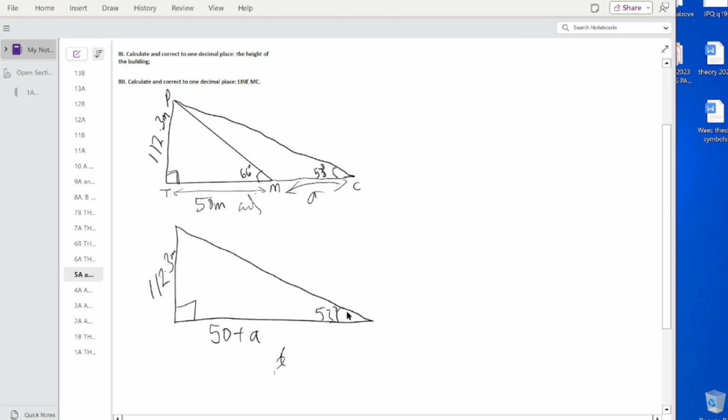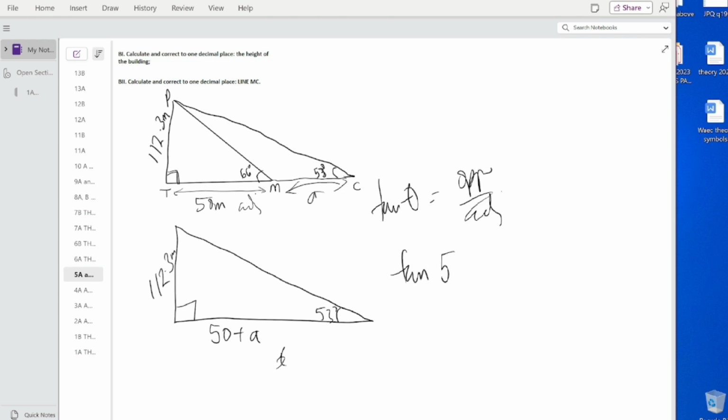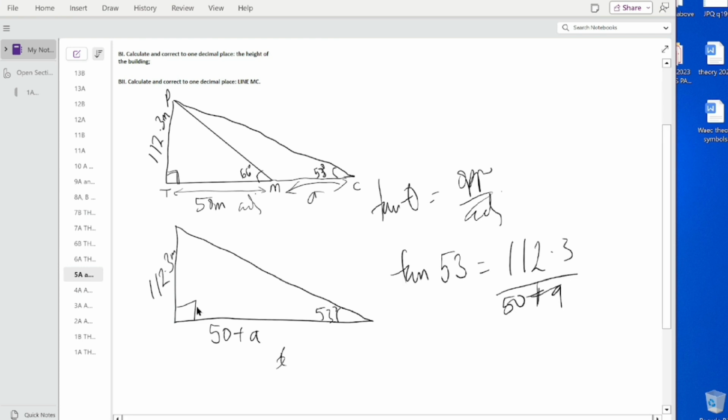We have our opposite and we're looking for our adjacent, which says tan theta is the best fit in our SOHCAHTOA, opposite over adjacent. So we have tan 53 degrees equals 112.3 over 50 plus A. The total length here is 50 plus A.